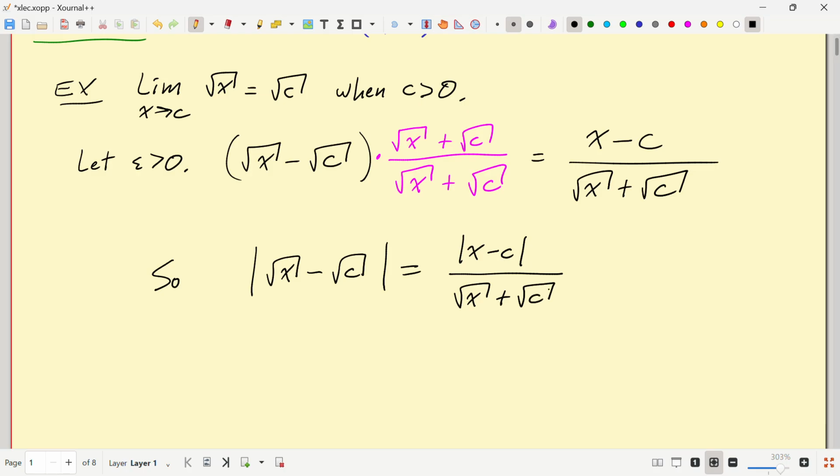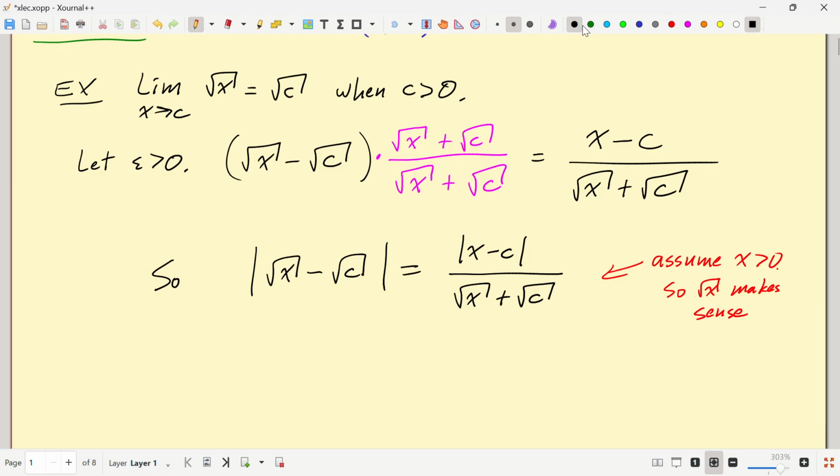Okay. So let's see, to make sense of this, I better at least assume that x is positive, so the square root of x makes sense. And let's see, I want to estimate that somehow.